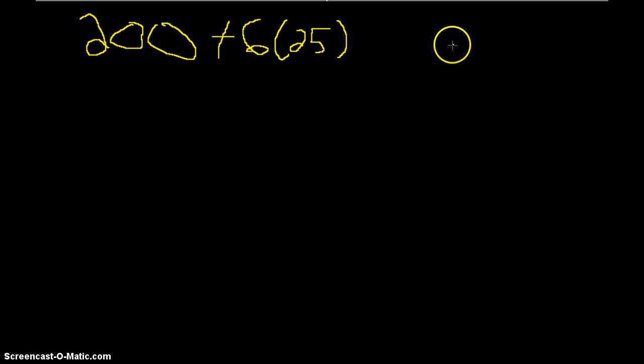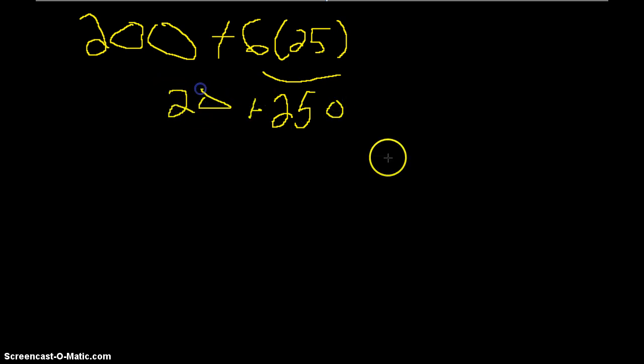So 6 times 25 is 250 plus 200, which is 350.